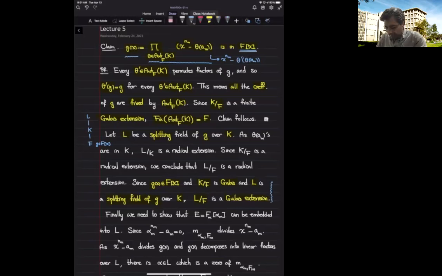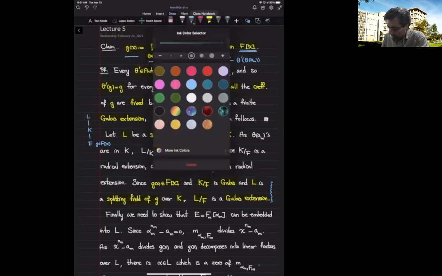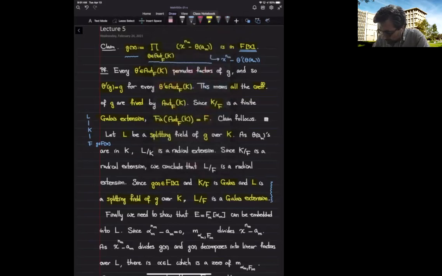Now let's see how I can know that it's a radical extension. Notice that L is a splitting field of what? L is a splitting field of this binomial over here.